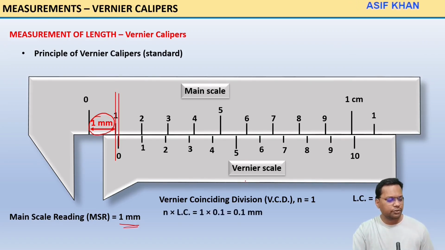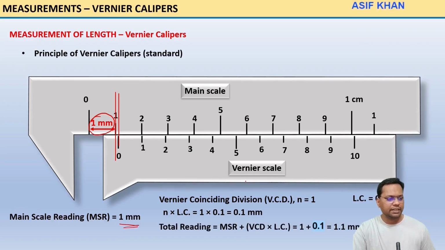Therefore the total reading, or the total gap between the two jaws, that is the gap between the two zero lines, is equal to main scale reading plus Vernier coinciding division into least count. So that gives 1.1 mm. I hope you have got a clear idea.